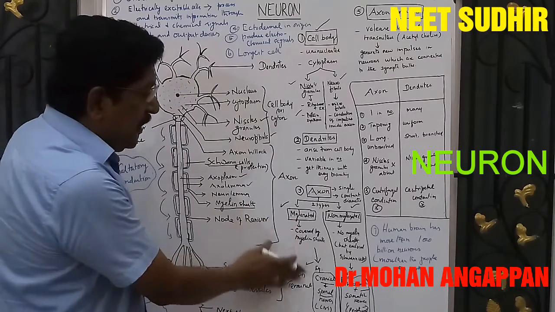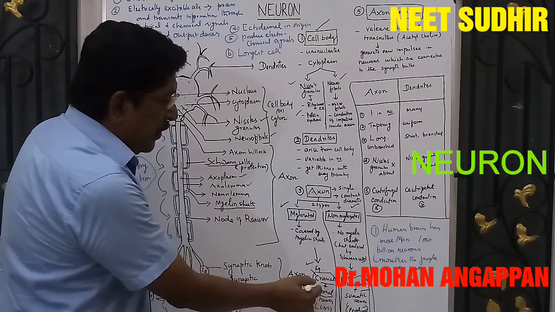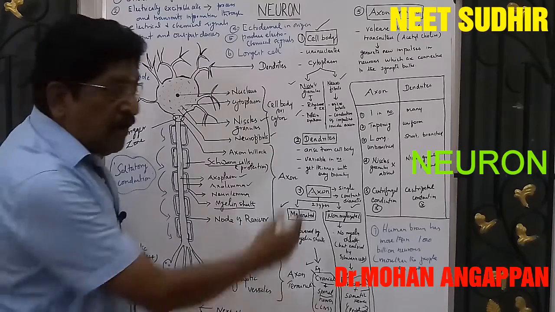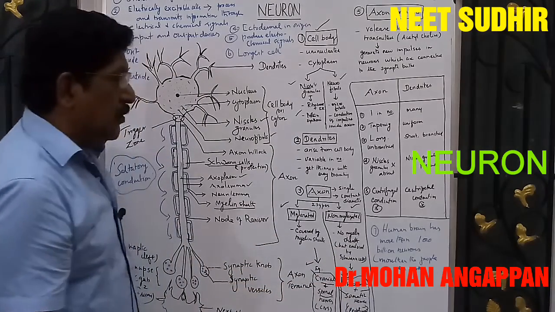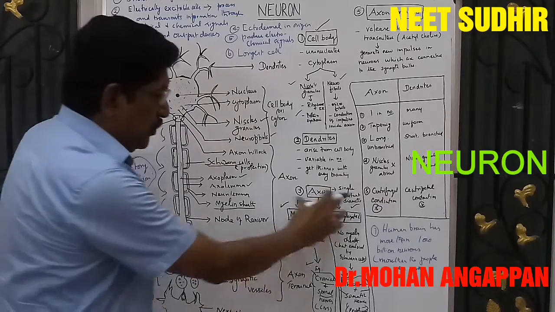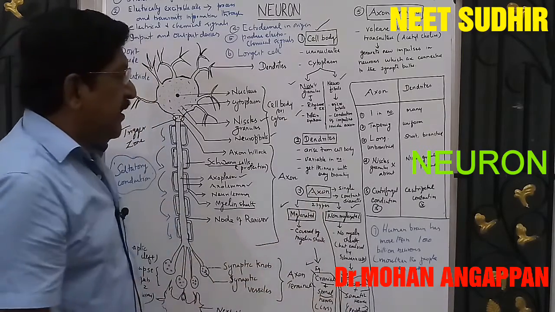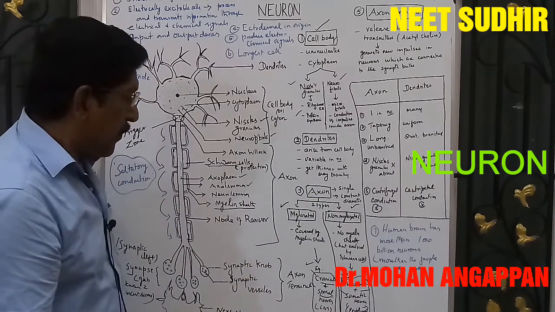So the myelinated sheath is in the cranial nerves and spinal nerves, and non-myelinated in the autonomic nerves and somatic nerves. This you must know regarding the myelinated and non-myelinated axon.